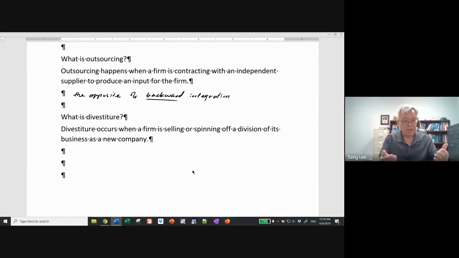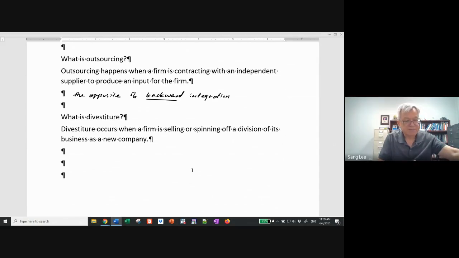And if the manager of the company decides to sell one of its divisions or spin off one of its divisions, the division spun off will become a new company. And we call such a process divestiture.